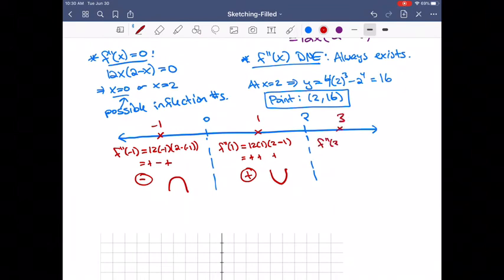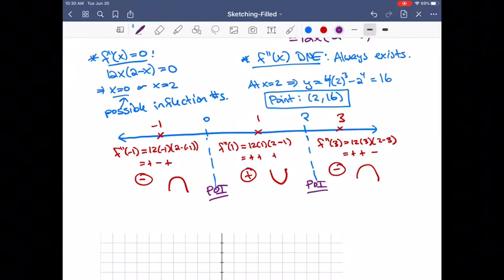So f double prime of 3 is going to be 12 times 3 times 2 minus 3. So that's a positive, and a negative. So that's going to be a negative, so we're concave down there. So we have a point of inflection at both of these because it switches concavity.